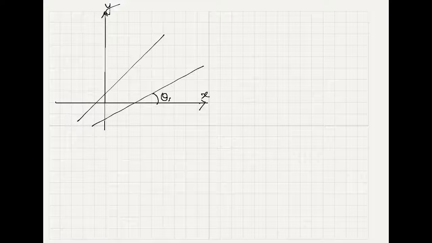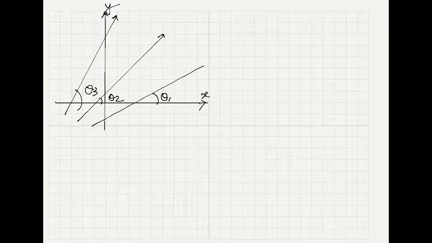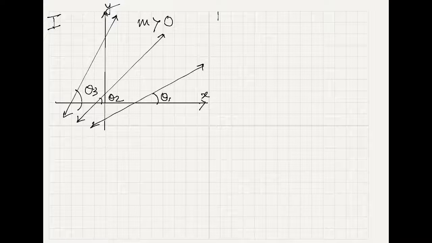This is theta 1, this is theta 2, or even this one, theta 3. If it creates an acute angle with the x-axis, then we have seen that m, the slope of the line, is always greater than 0, and this we consider as our case 1.